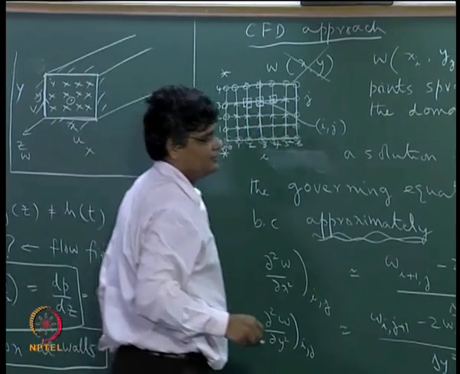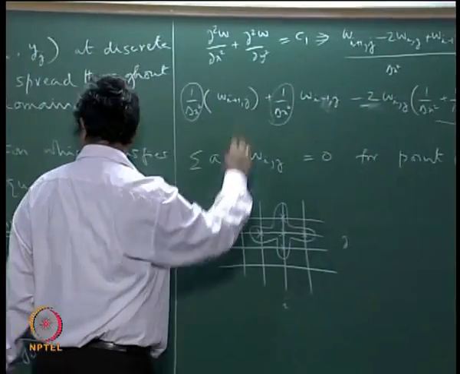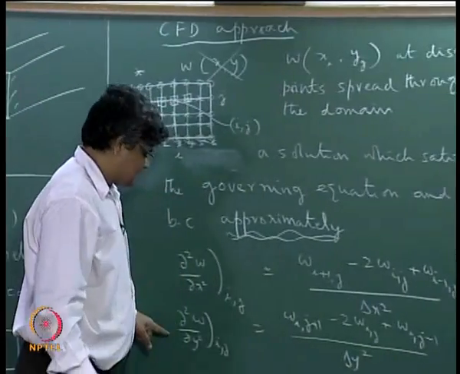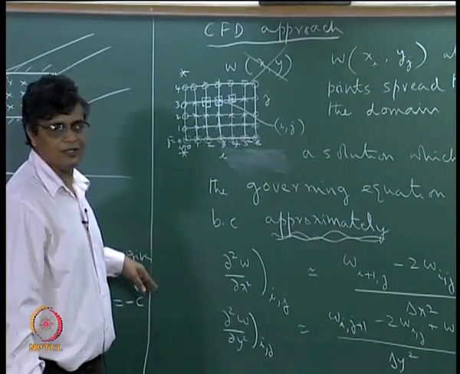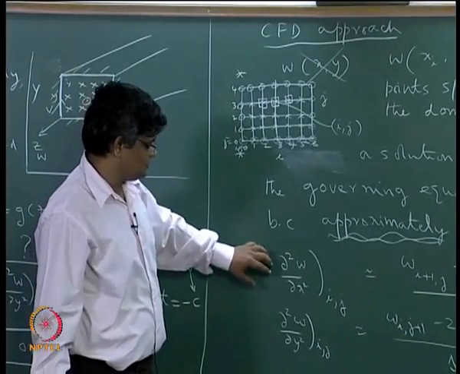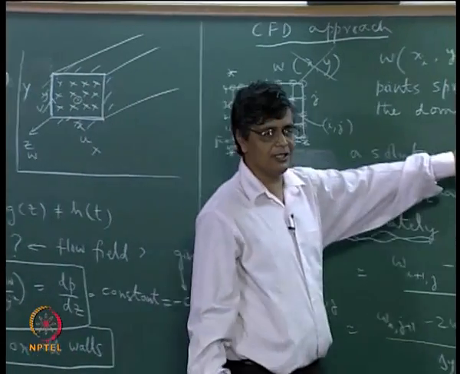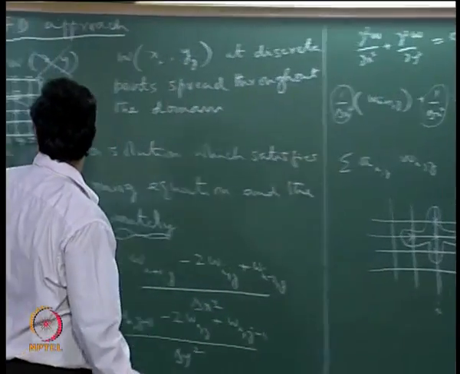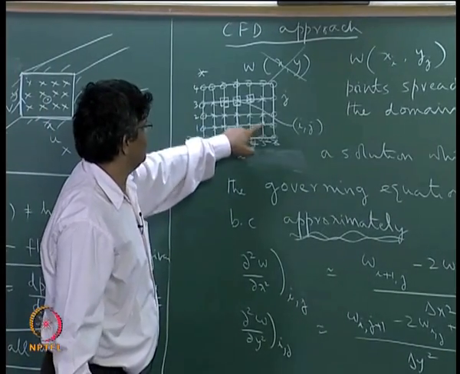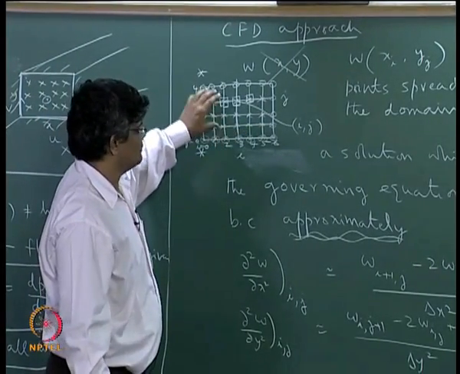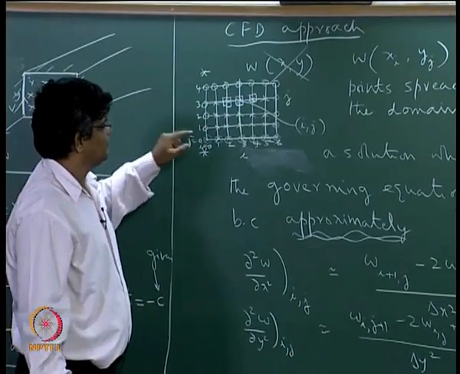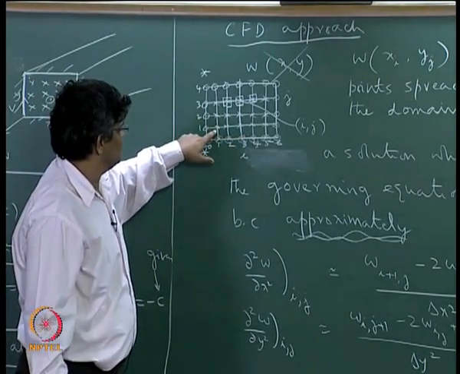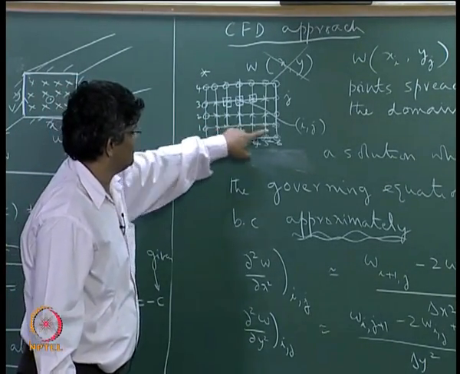At each of these points we write the same finite difference approximation for the derivative, and each of those approximations will give us an algebraic equation like this. Here we have 15 points, so we will have 15 algebraic equations for the 15 variables, w at this point, this point, this point like this.